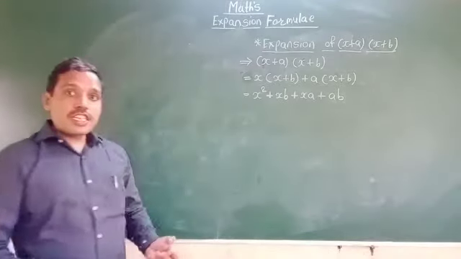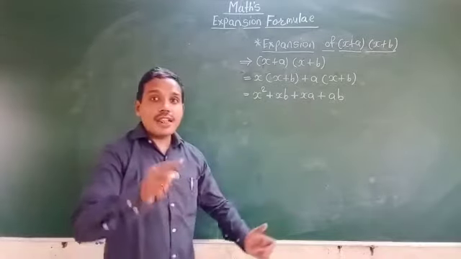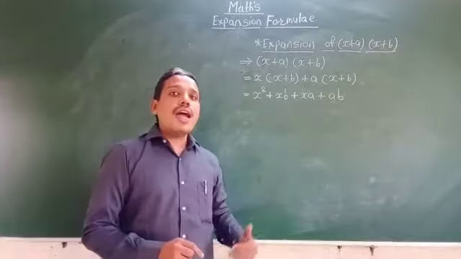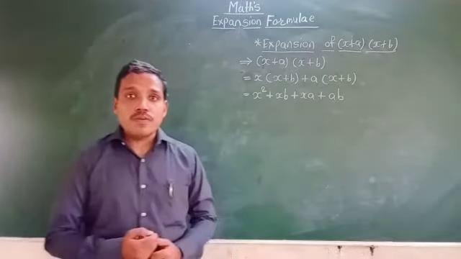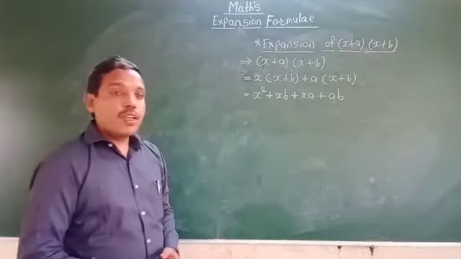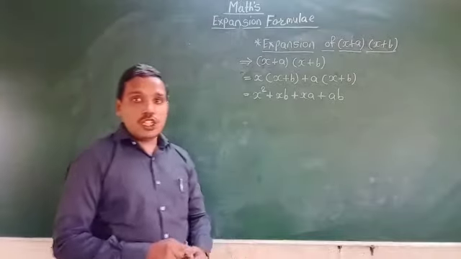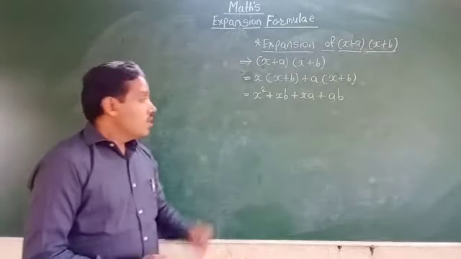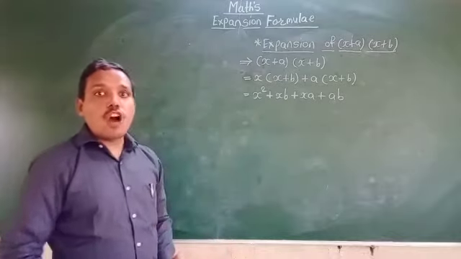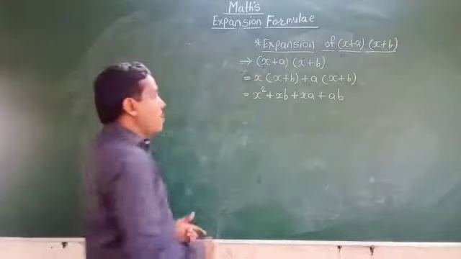In the previous expansion we saw the middle two terms were like terms, and then we added them to each other. But in this expansion the middle terms are not like terms, but the middle terms show that one variable is common, and we can take that common out separately.